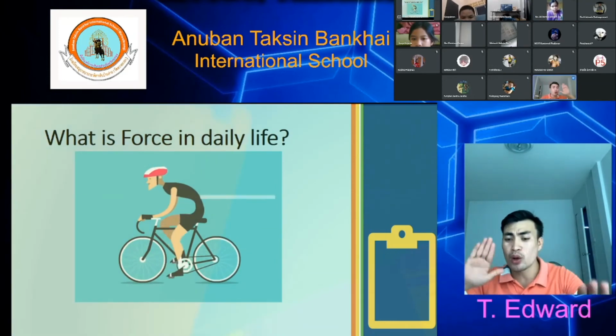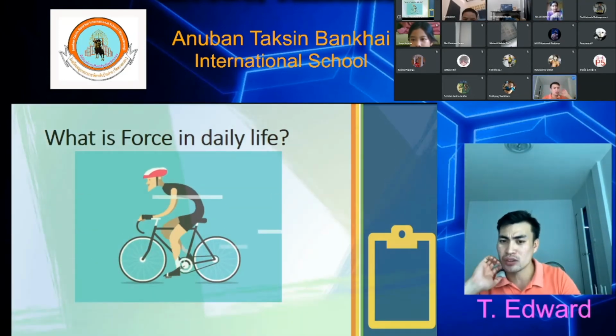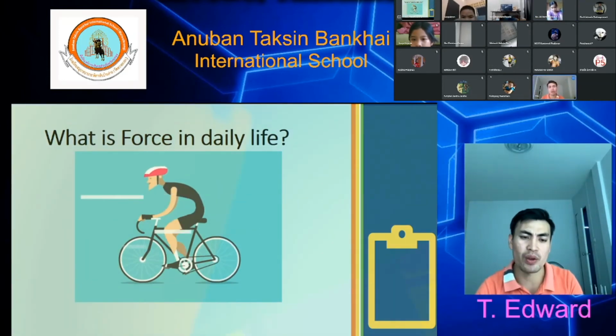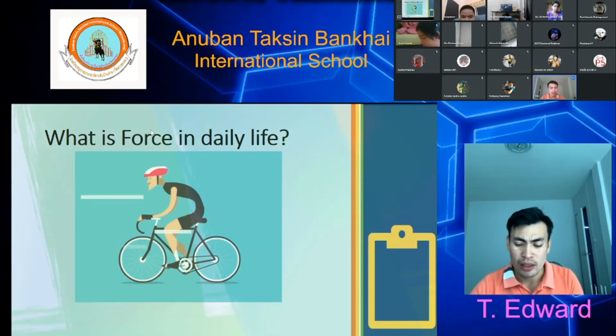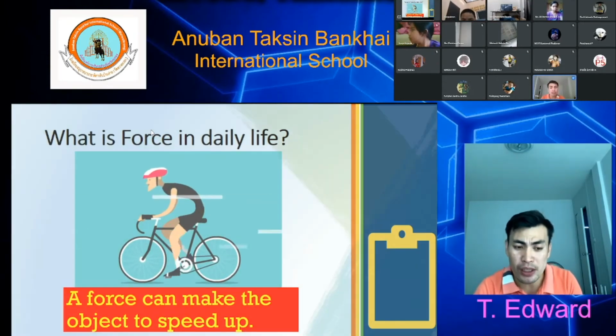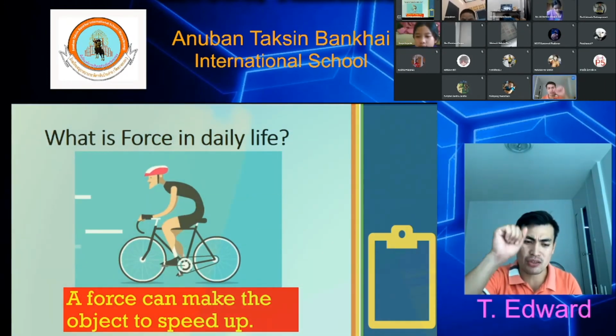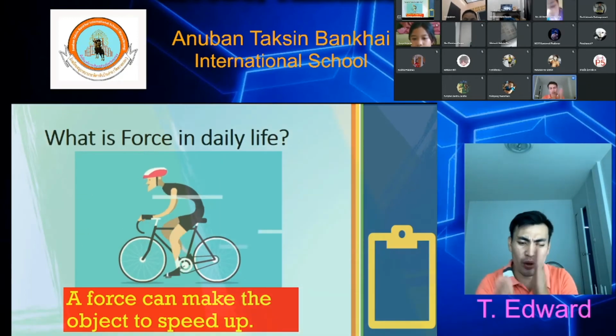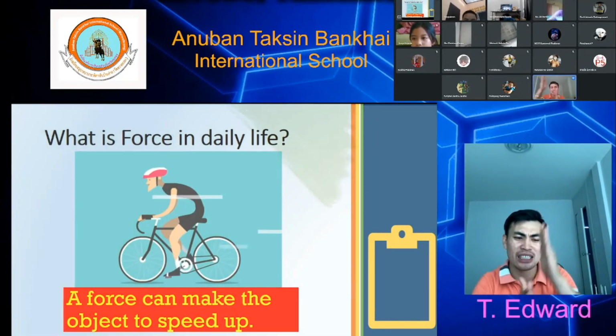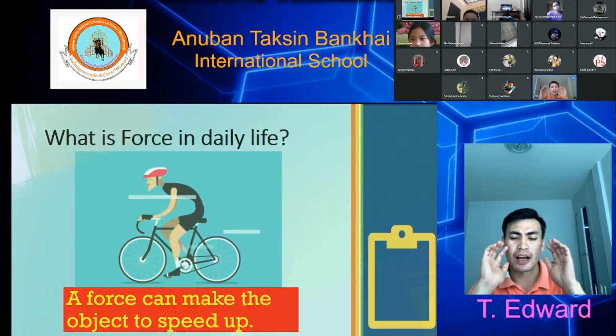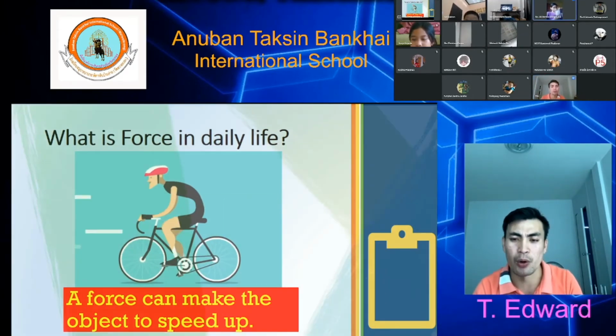The bike will go slow or fast? Fast. Very good. So, it means that a force can make the object speed up. Speed up means faster. Okay? So, the more you use the force, then the faster the bike will go.